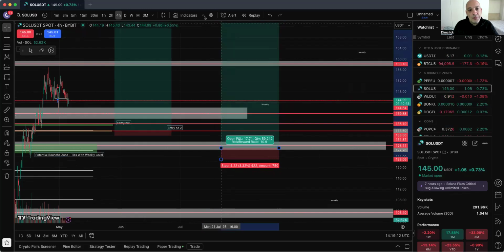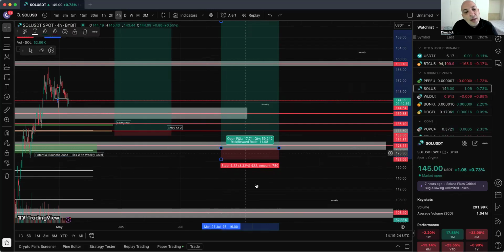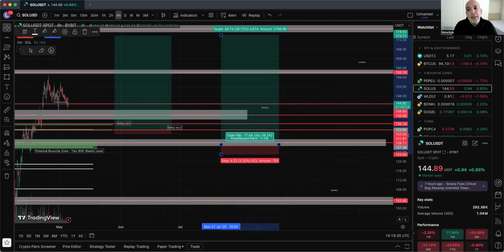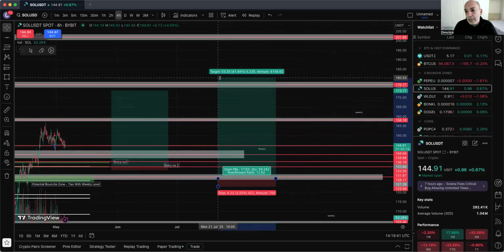This second trade has a bigger stop loss. So I advise you, enter if Solana will bounce here, enter with maximum four leverage, don't put more. And to the upside, Solana could make a very big move. We could target something like 180.